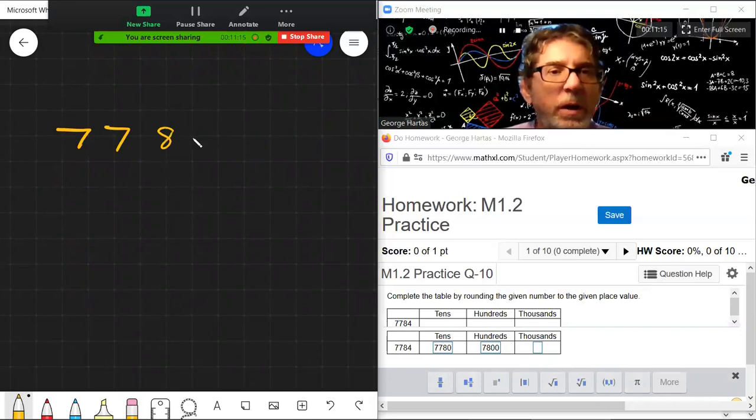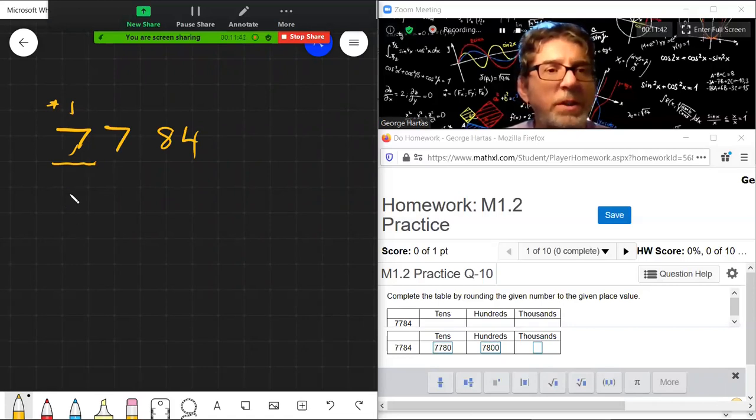7784. Ones, tens, hundreds, thousands. We look to the digit to the right, which is the 7. Since this 7 is 5 or more, we're going to add 1 to this 7. And whatever the answer to that is, bring it down.